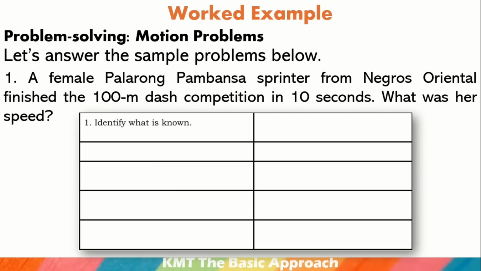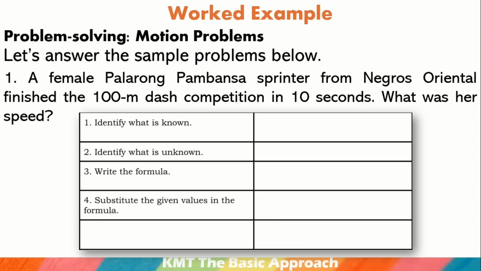First, identify what is known. Second, identify what is unknown. Third, write the formula. Fourth, substitute the given values in the formula. And fifth, write the final answer with the correct unit of measure.